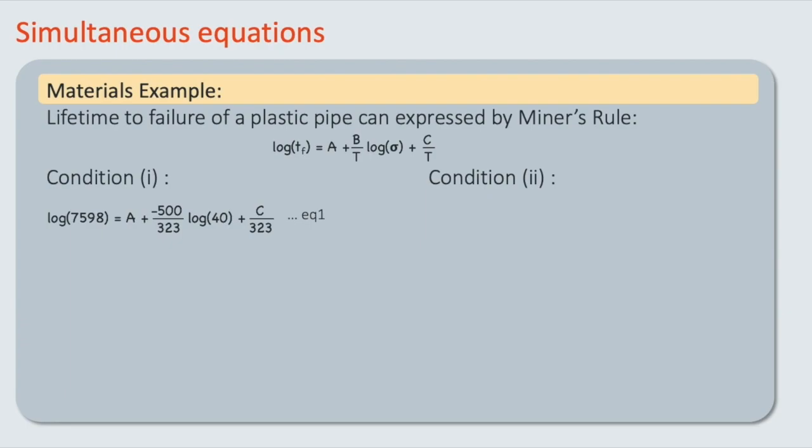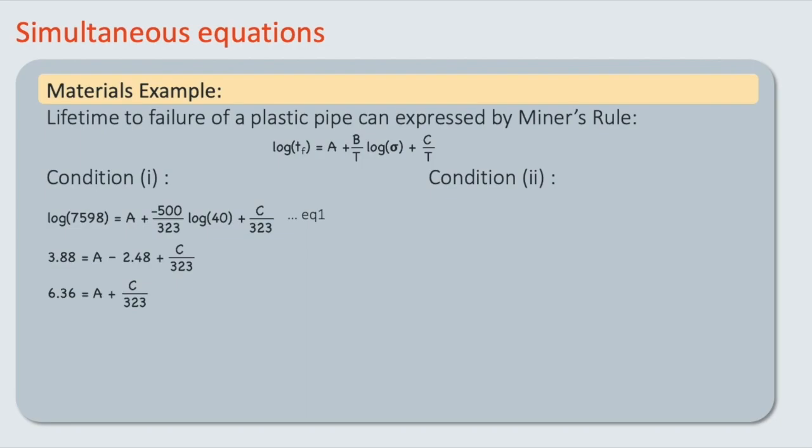This can be written as 3.88, which is equal to A minus 2.48 plus C divided by 323. We can combine some terms, giving us 6.36, which is equal to A plus C divided by 323.